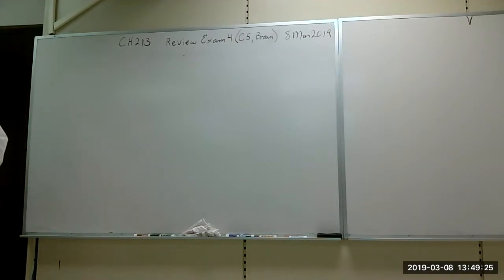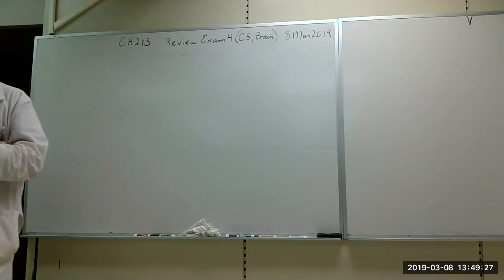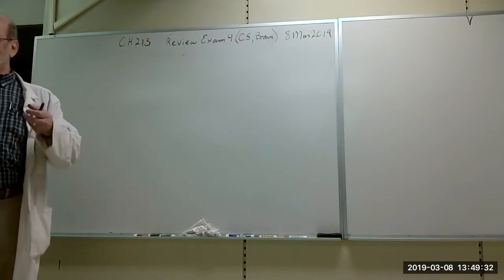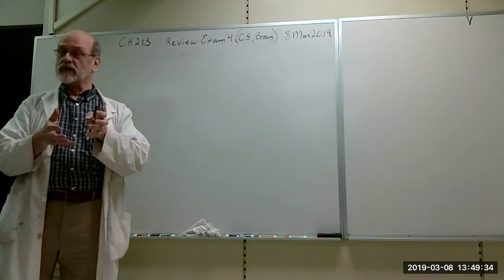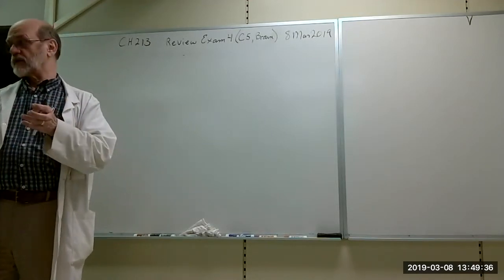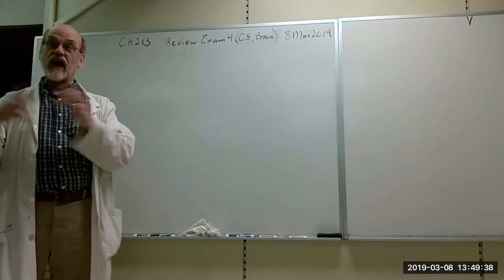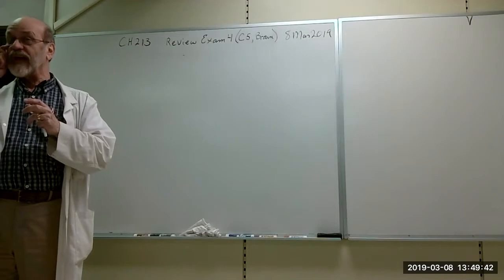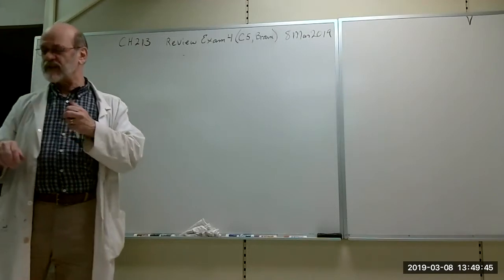But the problem is the calorimeter has a heat capacity of its own. If the reaction you're studying gets cold, it's going to draw heat from the calorimeter. If your reaction gets hot, it's going to dump some of that heat into the calorimeter. And we need to account for that.